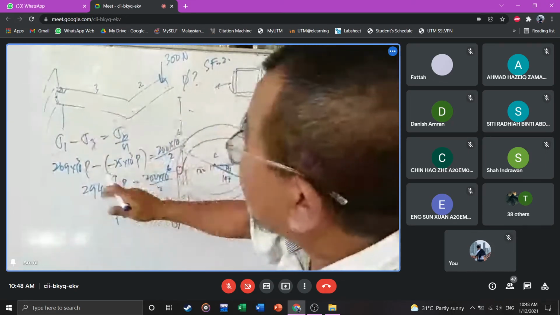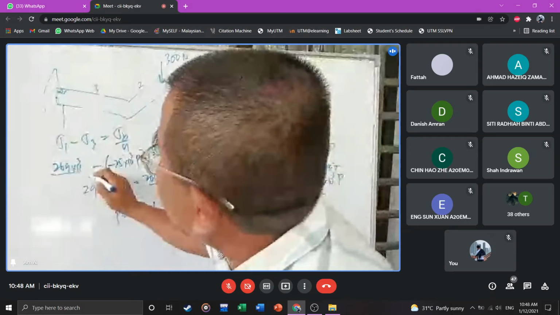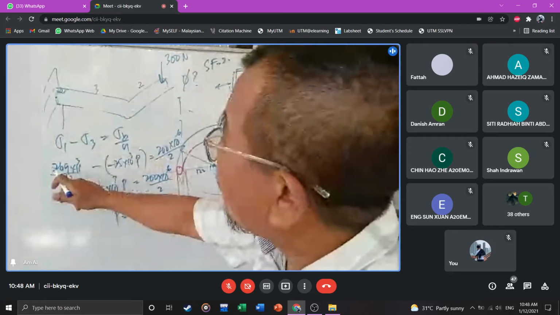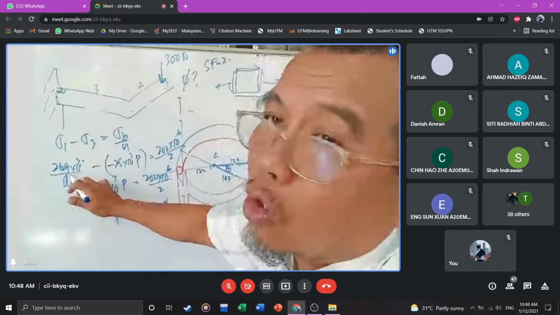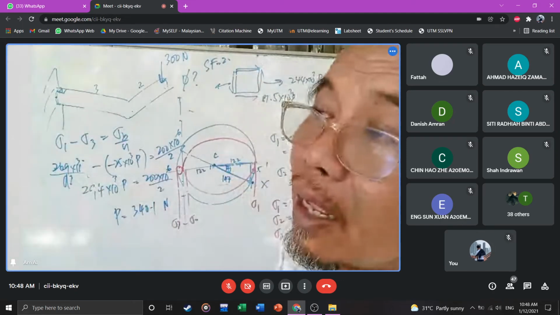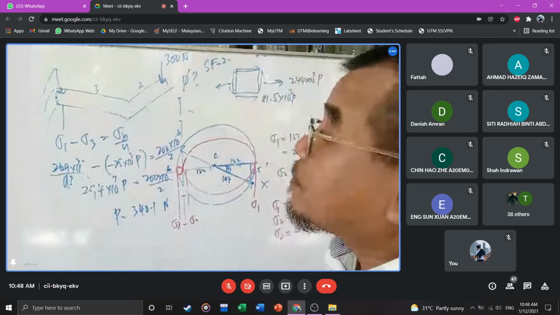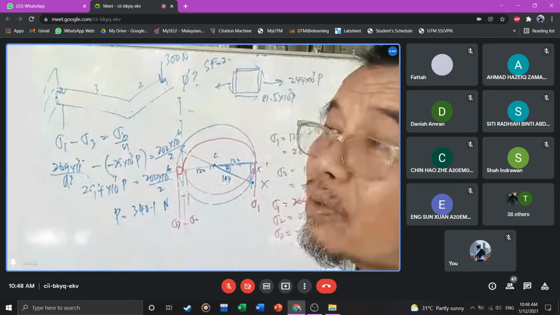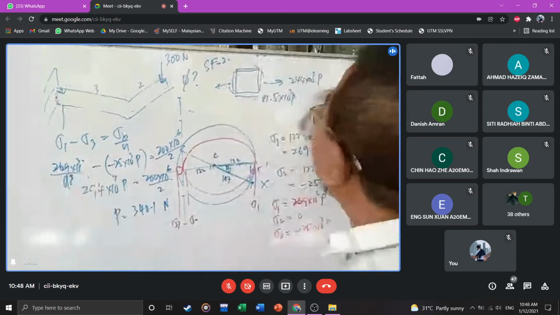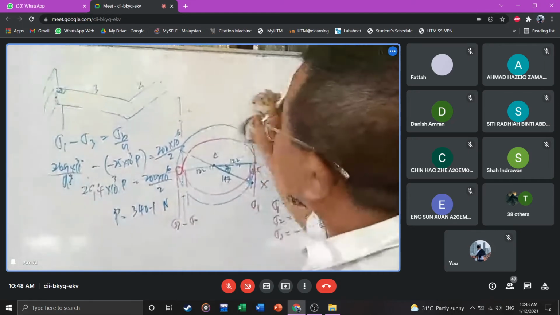The value must be over diameter to the power of 3 at the bottom there. Not P, but a value over diameter to the power of 3. Why to the power of 3 there? Because the stress becomes diameter to the power of 3 there.